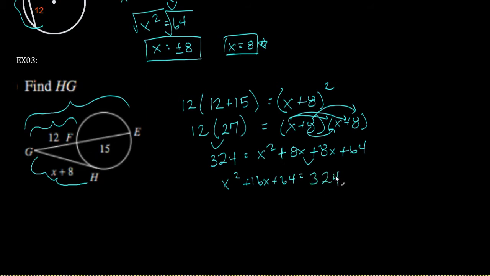Remember, to solve this, I need to make this equal to 0. And 64 minus 324 gives us negative 260.